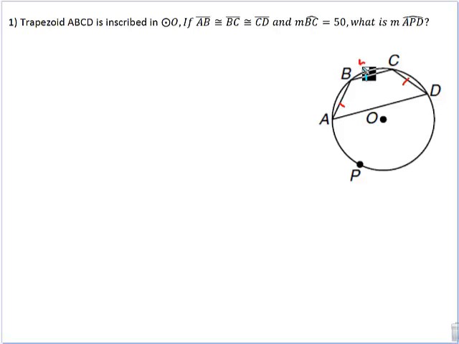And the measure of arc BC is 50. So what else is 50? AB and CD. We want to find the measure of arc APD. How are we going to find that measure?